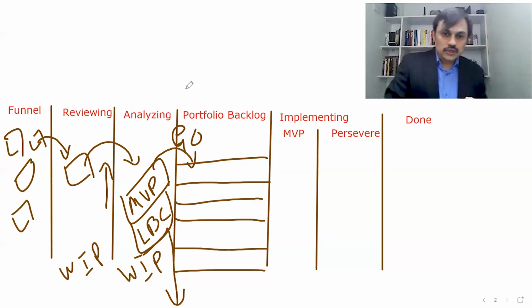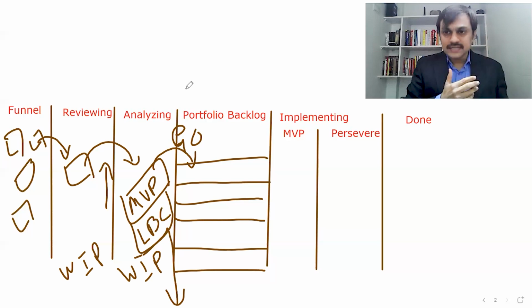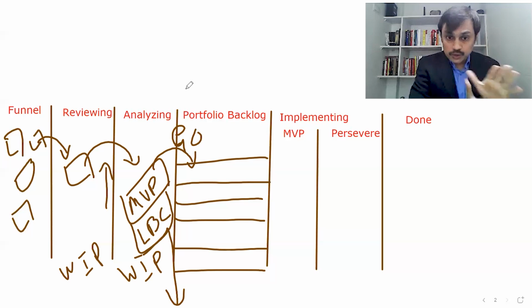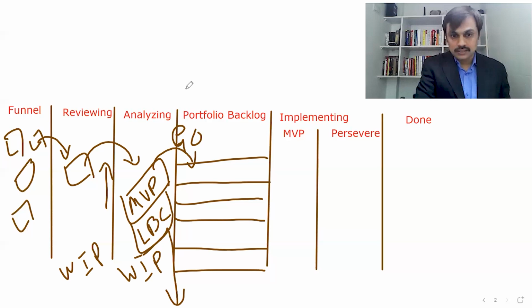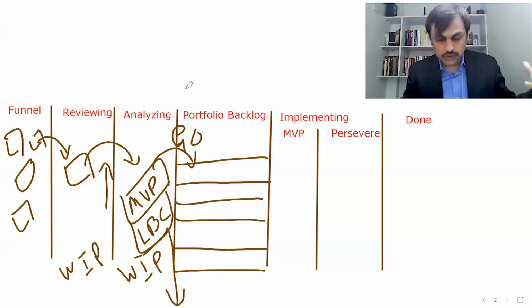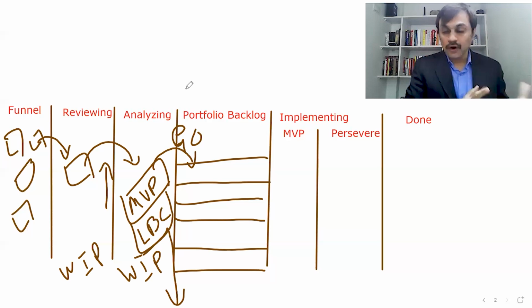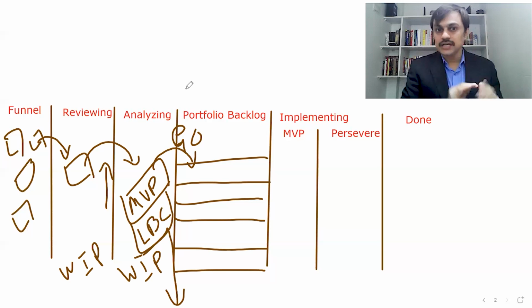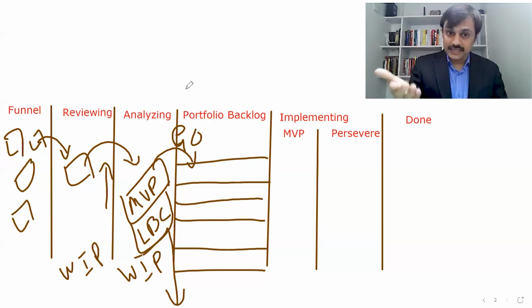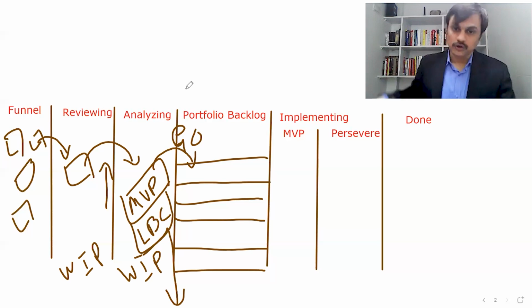Though there are no explicit WIP limits for the portfolio backlog, we should keep the portfolio backlog also under some limit, so it does not end up becoming a long queue and start blocking our agility. You may have some understanding of how many items can be at a waiting stage at the portfolio backlog level, based on the things which are going on and the capacity you have for execution.